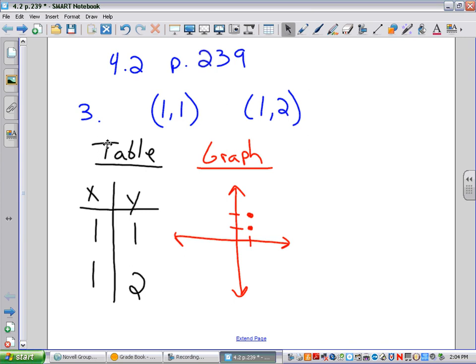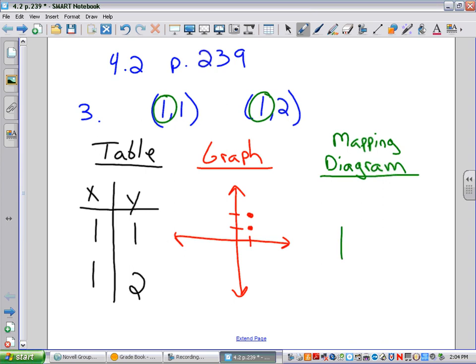The third one is what's called a mapping diagram. And this requires arrows. So we take, see you have a 1 for that x and a 1. Well, I'm just going to list it once. Then over here, I'm going to put a 1 and a 2.